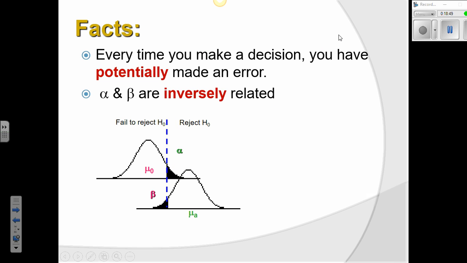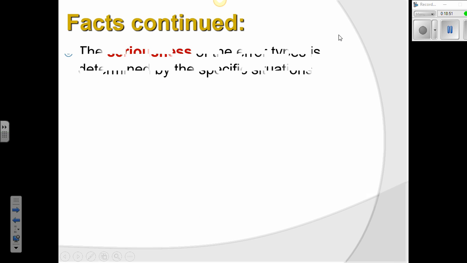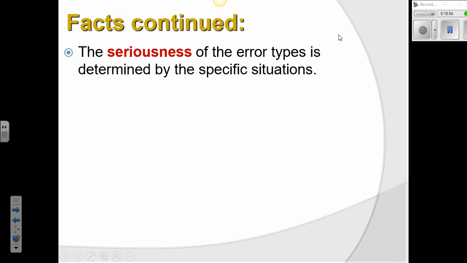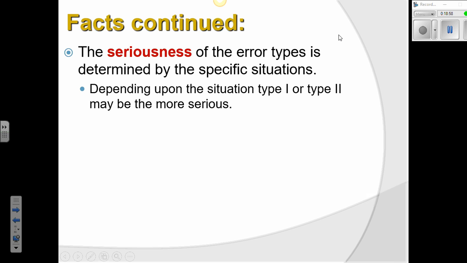Okay. You guys go with that? The seriousness of the error is dependent and determined by specific situations. In certain situations, you're going to take a look at the consequences of making a type 1 error and of making a type 2 error, which is really how you should determine what significance level you use.